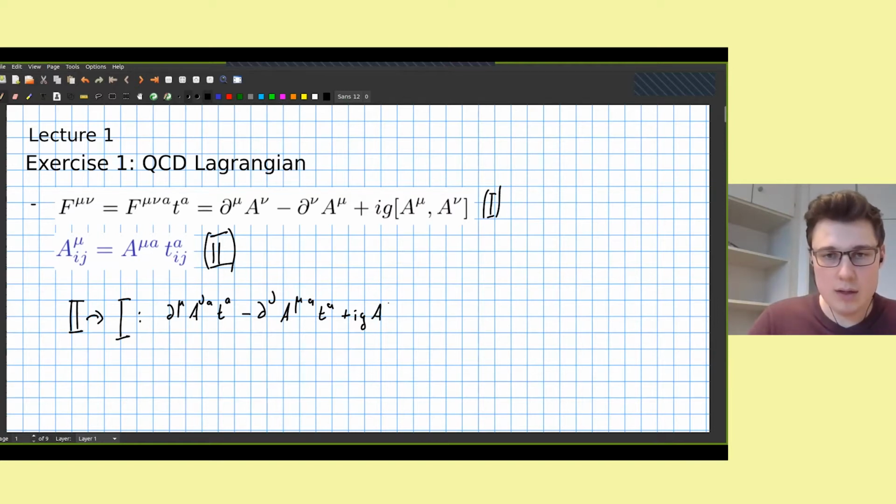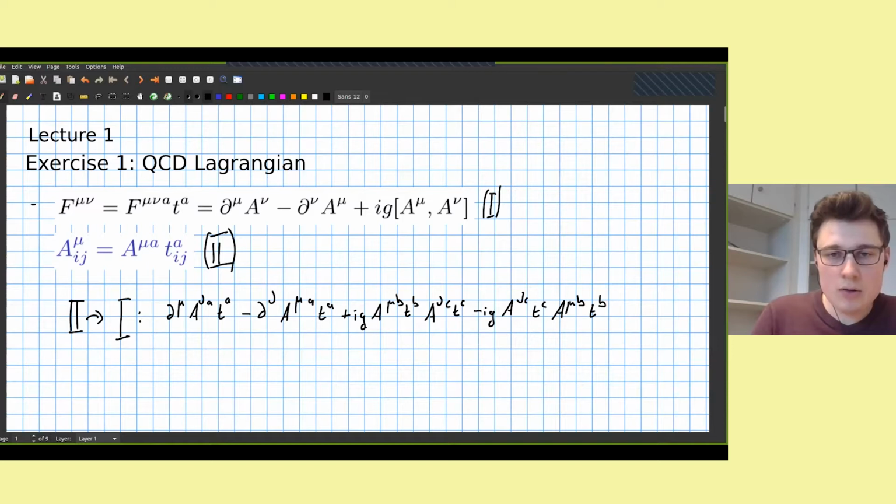So we have an A mu B TB, A nu C TC minus IG A nu C TC A mu B TB. Okay, so why have I chosen the indices B and C? Well, it's quite obvious, I would say, after the next step.